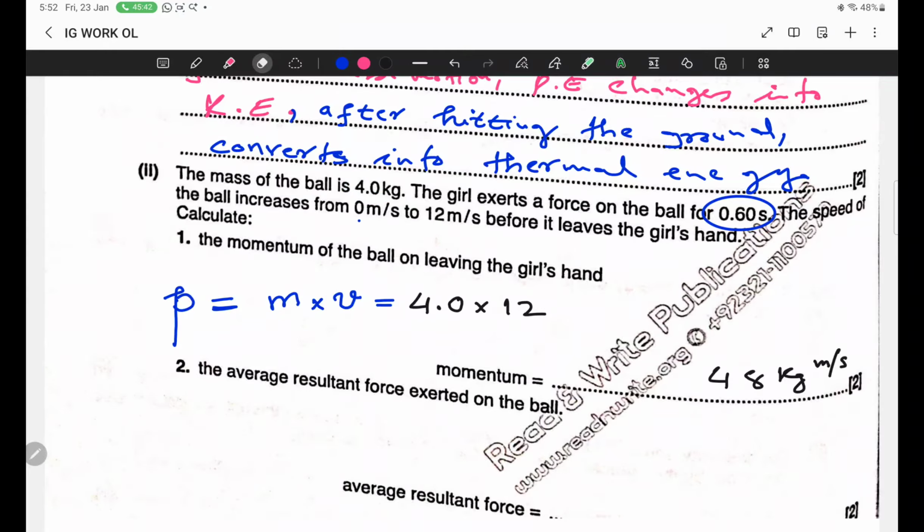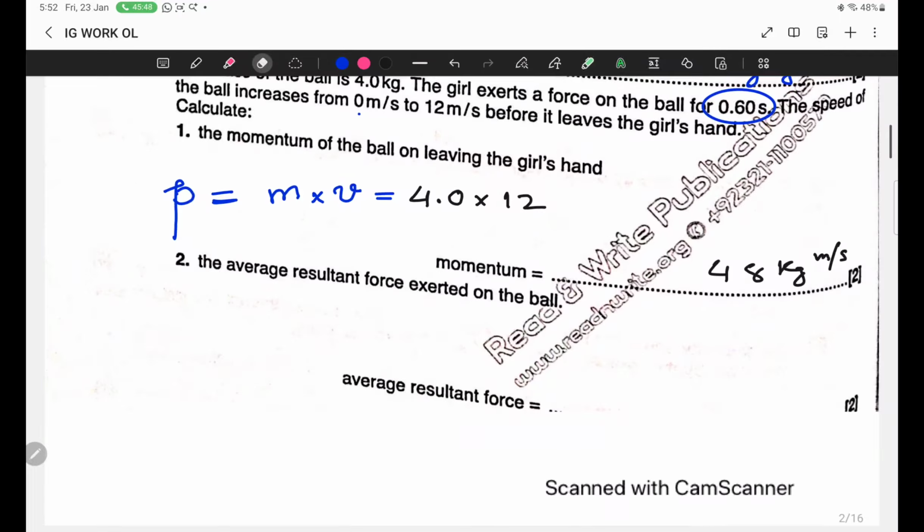So in the first part, they ask to calculate momentum. Momentum is the product of mass and velocity, so the momentum is 48 kg meter per second. And now the last part of the question, they are asking to calculate force. Force is equal to rate of change of momentum.